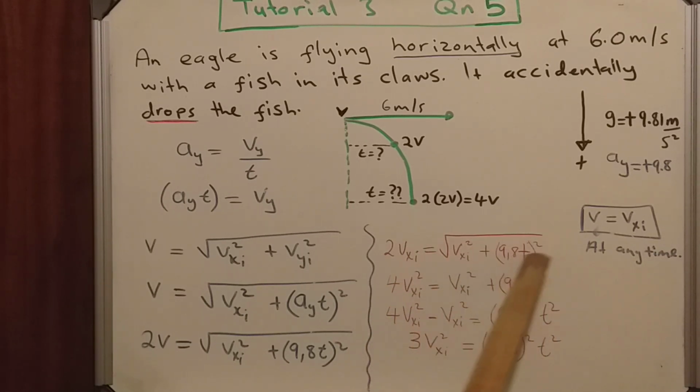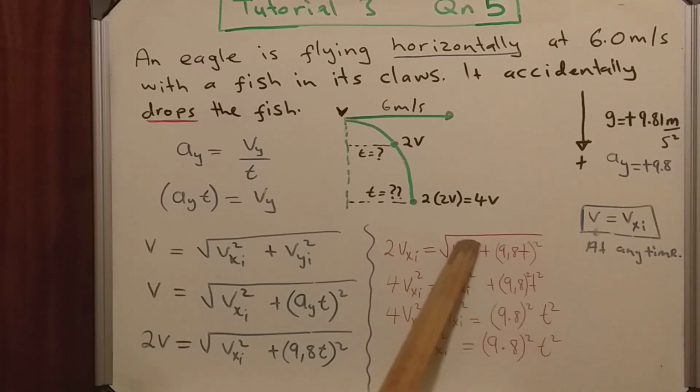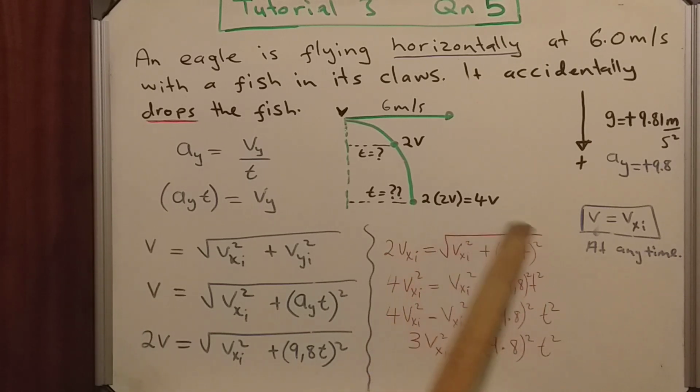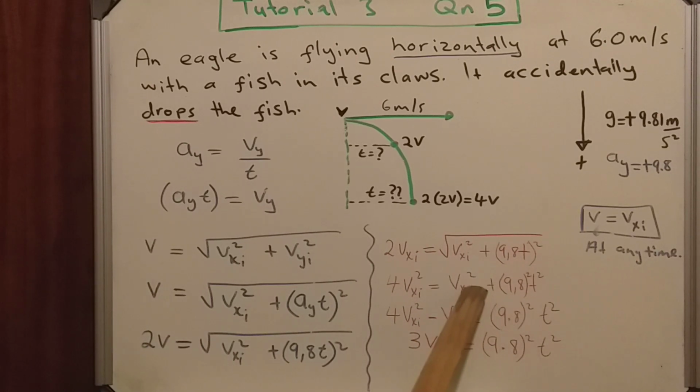What do we do now? We square both sides. 2 squared is 4, times Vxi squared. Then we have removed the square root sign. We push this to the left, it becomes negative. The other term remains as it is, but you square the 9.8 and you square the t.